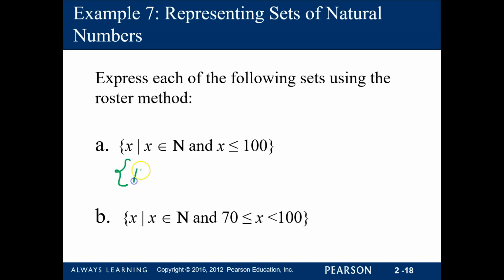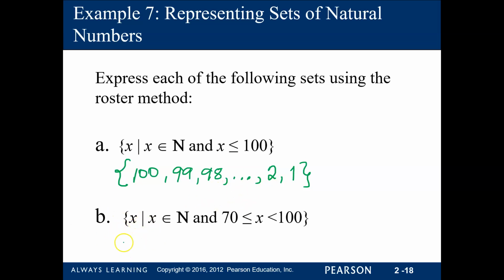So we can start with 100, followed by, it has to be less than, so we know it's 99, 98, okay? You can already use your ellipsis, comma, you can list down the last element or the last two elements, so you can have 2 and then 1, and then close the set, okay?